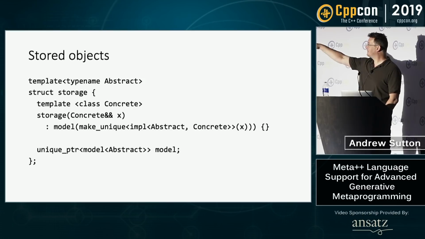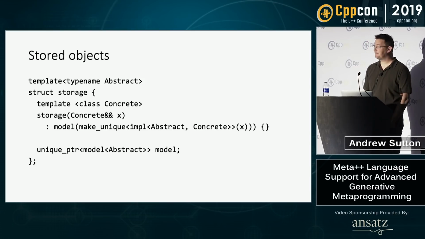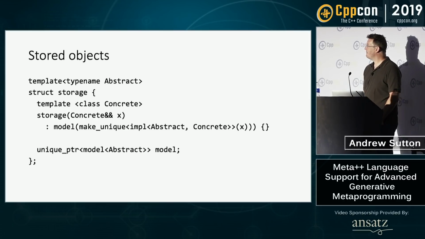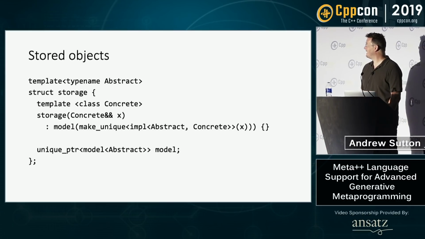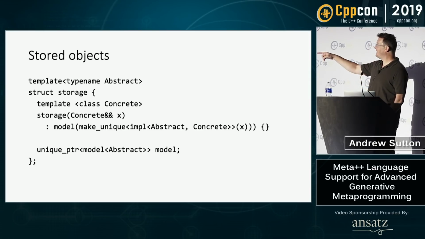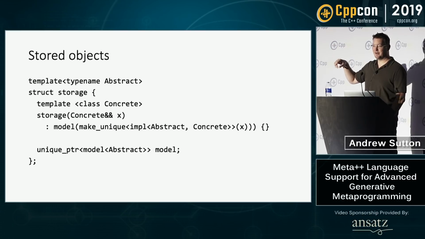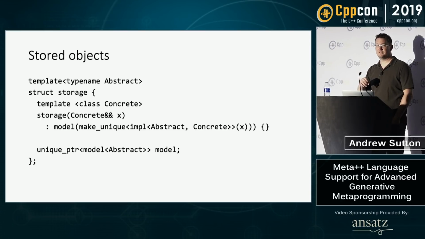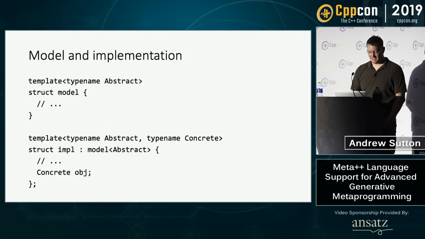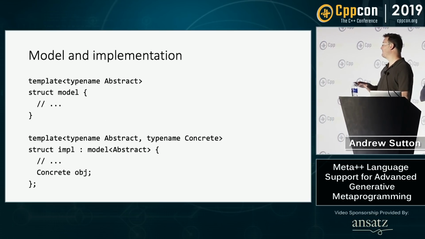And then in the constructor of this thing, again, we're forwarding in the object of the concrete type, and we're going to make a unique object of the derived class, which is an impl of the abstract type along with the concrete type. So model is going to end up being like the base class in a base class hierarchy, and impl of whatever is going to be the derived class. Make sense? Sure.